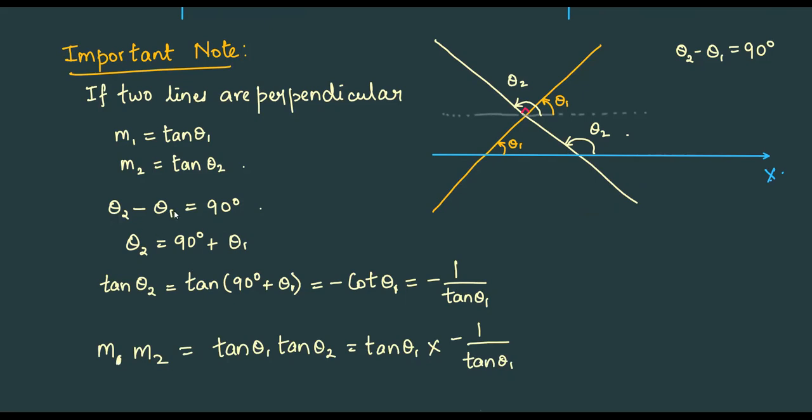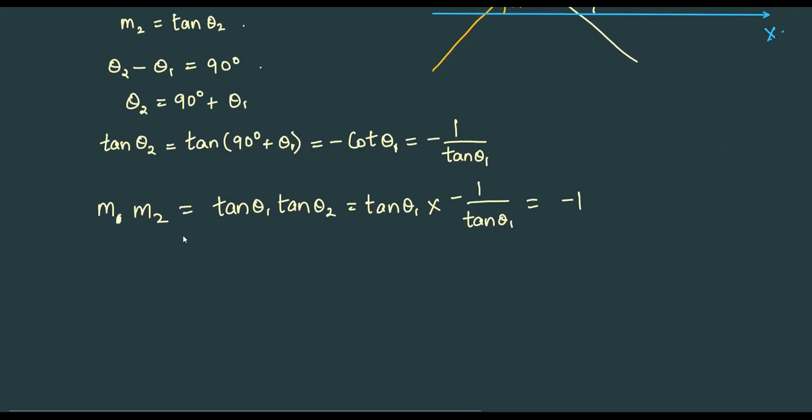Because if theta 2 and theta 1 vary by 90 degrees, tan theta 2 is minus of 1 upon tan theta 1, which is equal to minus 1. So here we get a very important result. For perpendicular lines, the product of their slopes is -1.